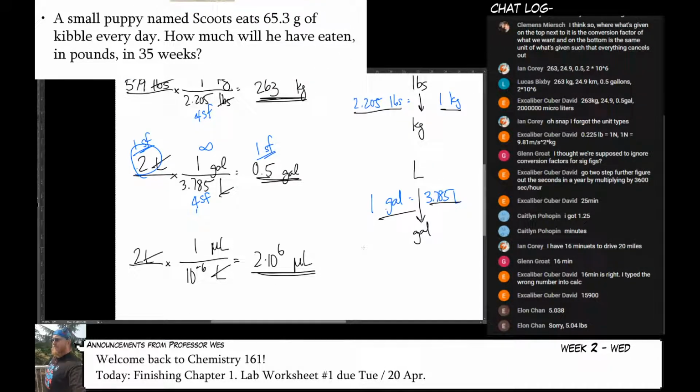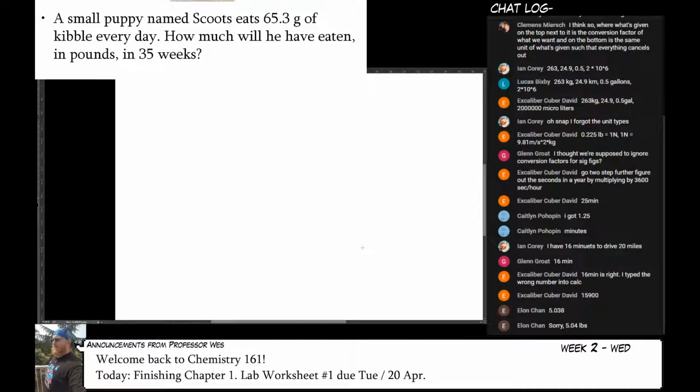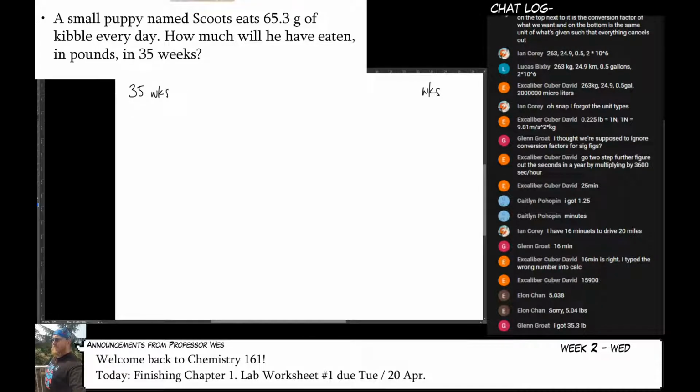All right, so we need to find out how much food he eats in 35 weeks. So I know the number of weeks that I'm feeding him, and I want to know how many pounds of food he's going to eat. Now, I have this conversion of grams per day.